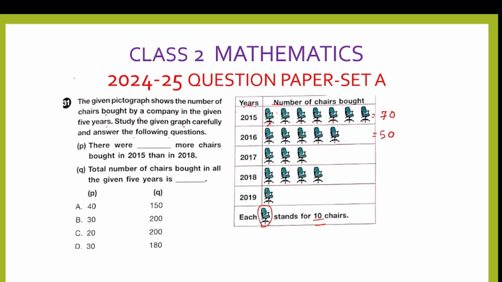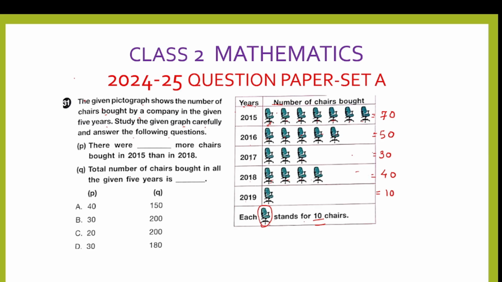Similarly in 2017, there are 10, 20 and 30 chairs bought. Similarly in 2018, the number of chairs bought are 10, 20, 30 and 40. And similarly in 2019 are 10 chairs.